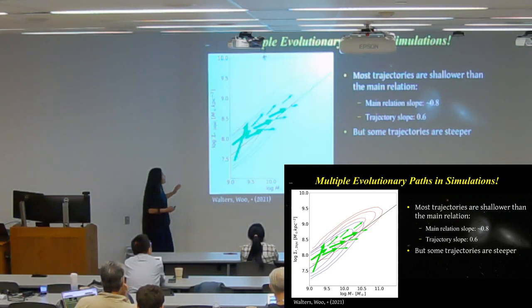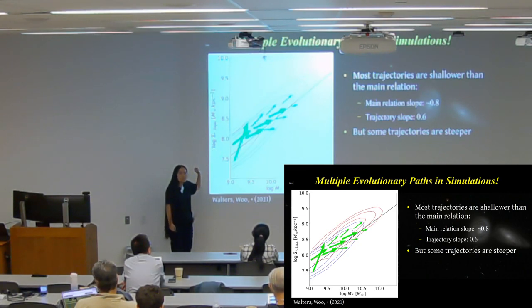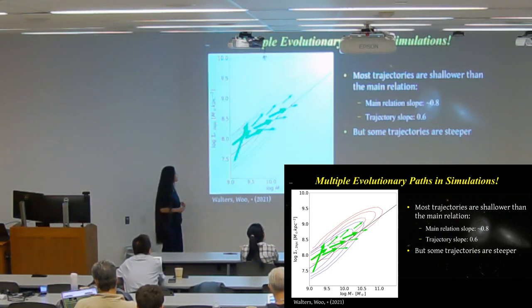What we found was that galaxies in the upper region of the diagram, still only star forming, tend to evolve on steeper slopes in this diagram. In other words, they build their core densities faster than their total stellar mass. Steeper slopes means they're building their core density relatively quickly relative to their whole galaxy.